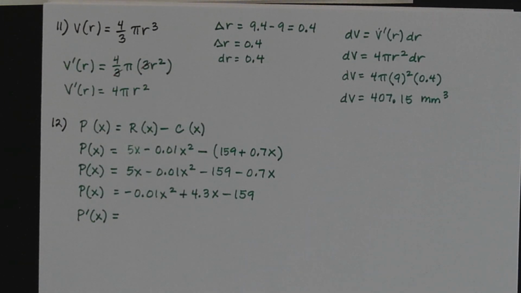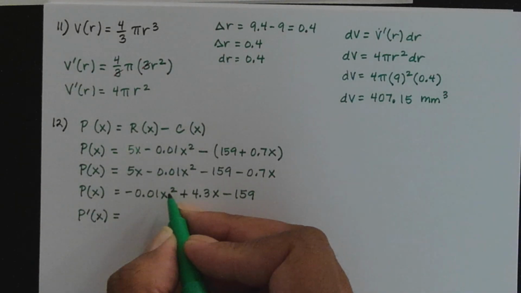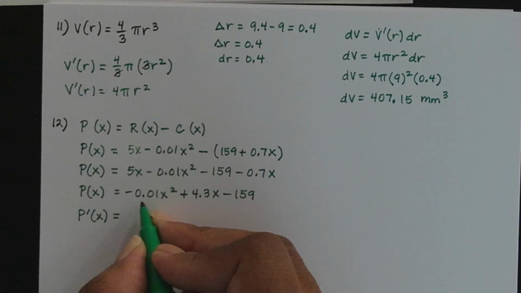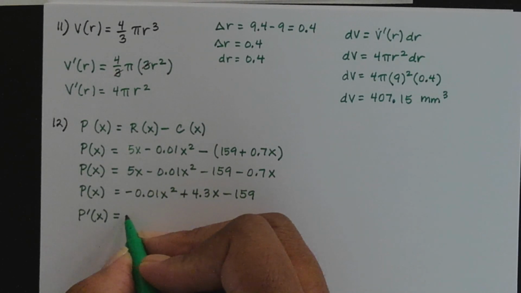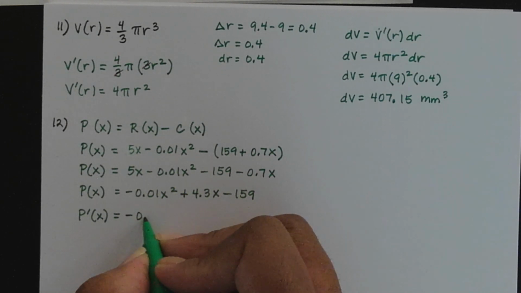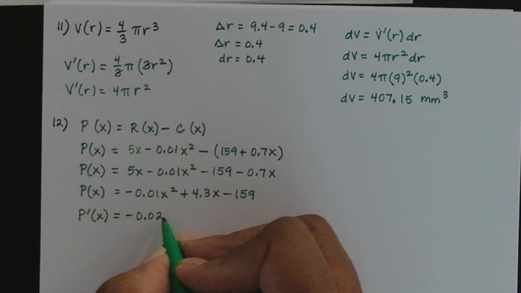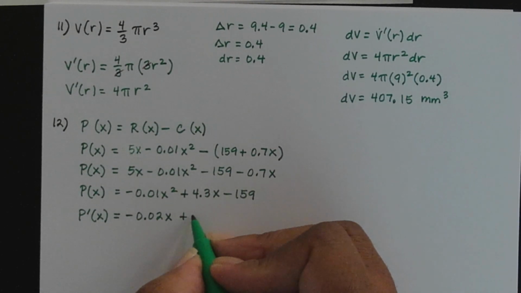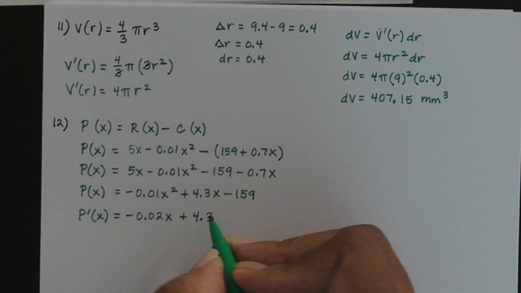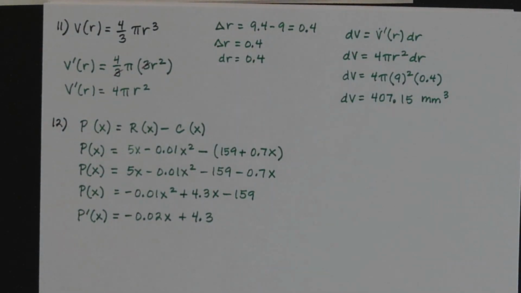So P prime of x will be this. What's the derivative of negative 0.01x squared? Negative 0.02x. Okay, and then plus the derivative of 4.3x, which will be 4.3. And that's all we need right there.